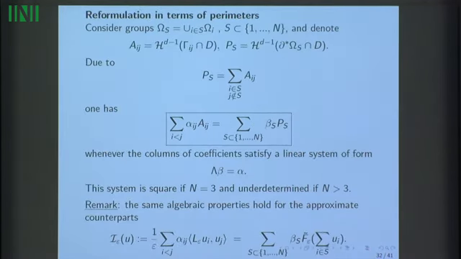Then to approximate in the sense of gamma convergence, maybe I skip the details, but you have some algebraic properties which relate, as I told you for two phases, the length of interfaces in terms of perimeters of domains. But it's useful to gather some phases, so you have some union of domains.